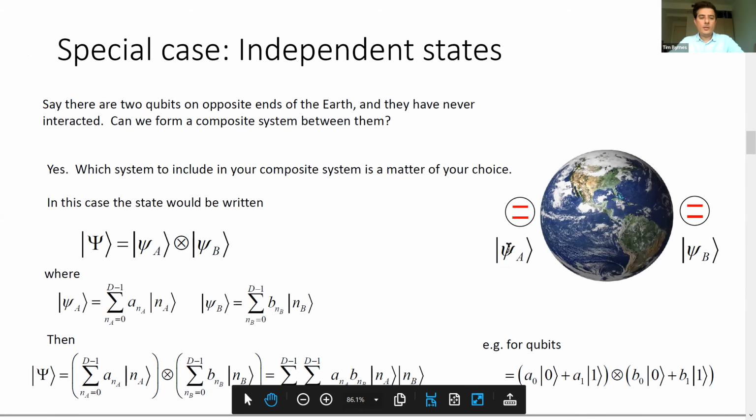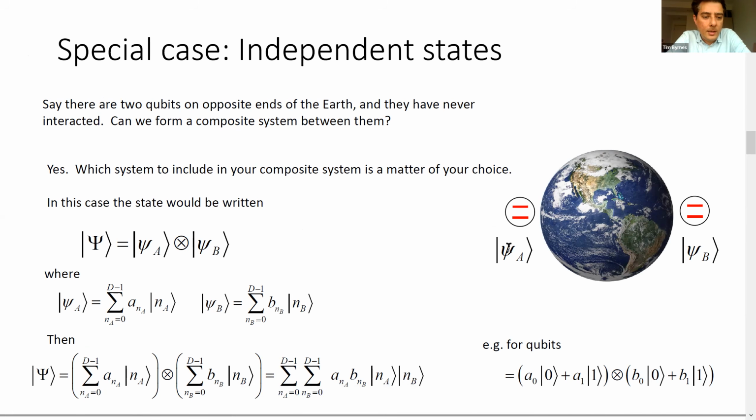And we looked at the case of independent states. If you have two states and they have nothing to do with each other, then the state would be described as just the tensor product of the individual states themselves.